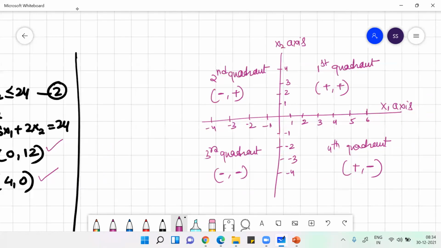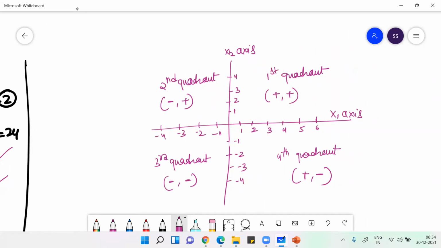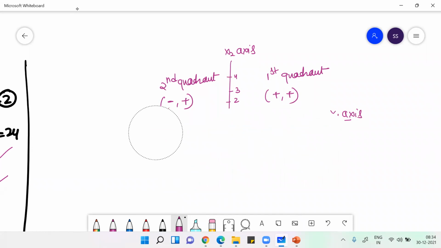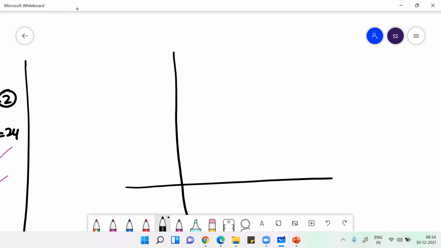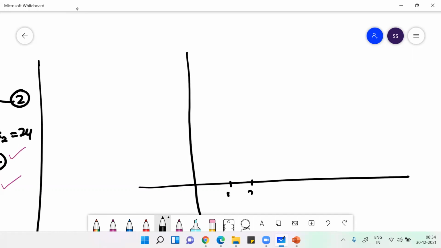So why should I waste my time drawing all the four quadrants? I'll only draw my first quadrant, and I'll locate my points in this first quadrant only. Clear, everyone? So if I draw my coordinates again, this is 1, this is 2.